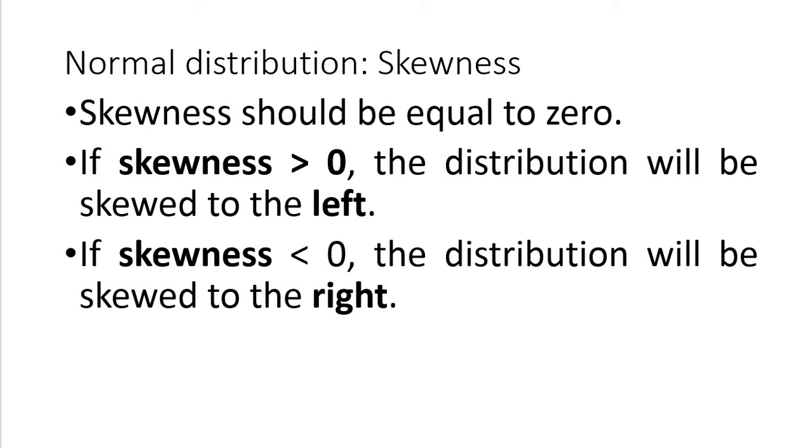So if skewness is equal to 0, as it is in a normally distributed sample, then the distribution is perfectly symmetrical, just like this one. If it's bigger than 0, then the distribution will be skewed to the left, and if it's negative, the distribution will be skewed to the right.